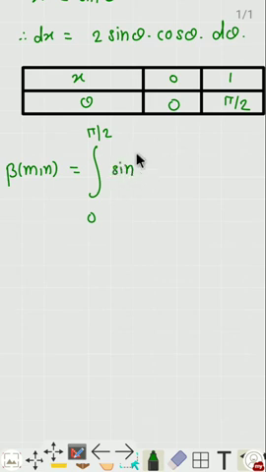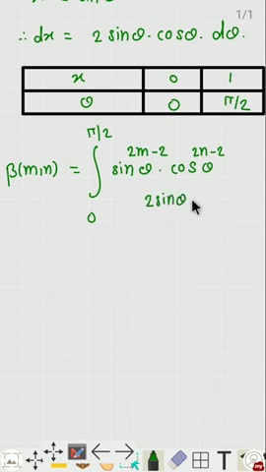Therefore it will be sine 2m minus 2 theta, and instead of 1 minus x we have 1 minus sine square, which is cos square, and cos raised to the power 2n minus 2 theta, and instead of dx we have 2 sine theta into cos theta d theta.